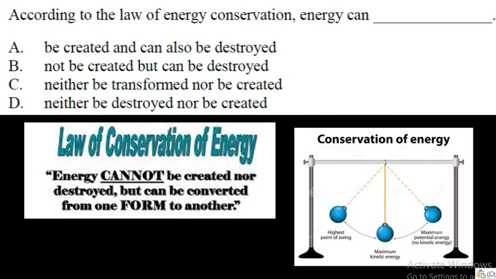For example, if you remember a pendulum swinging, sometimes it will be at the top, and sometimes at the bottom, and again at the top. It is swinging continuously, because at the top the energy will be totally converted into potential energy. At the bottom it changes into kinetic energy, because at the bottom there is no height. The height will be 0, so the total energy will be kinetic energy at the bottom.